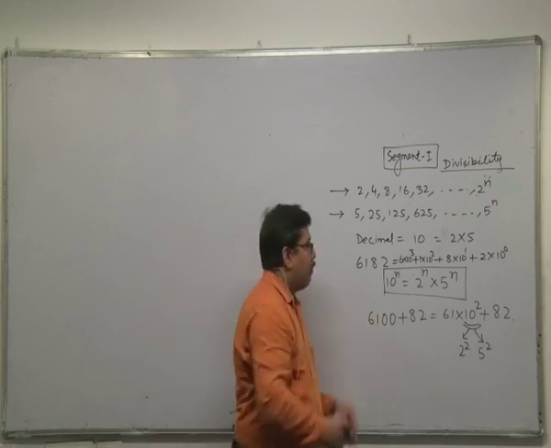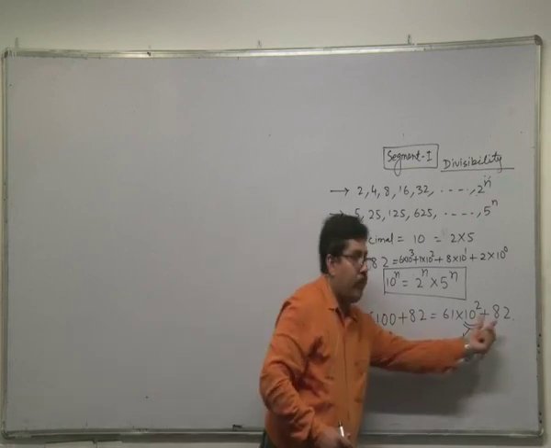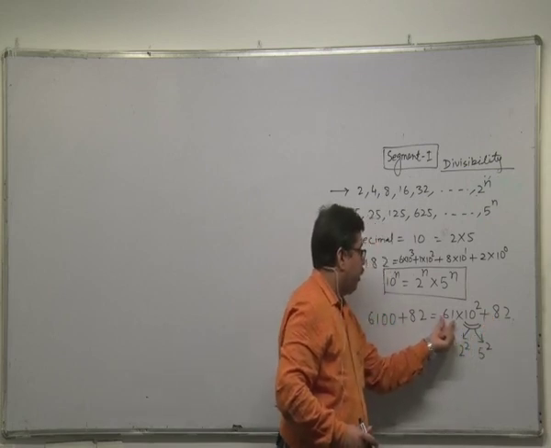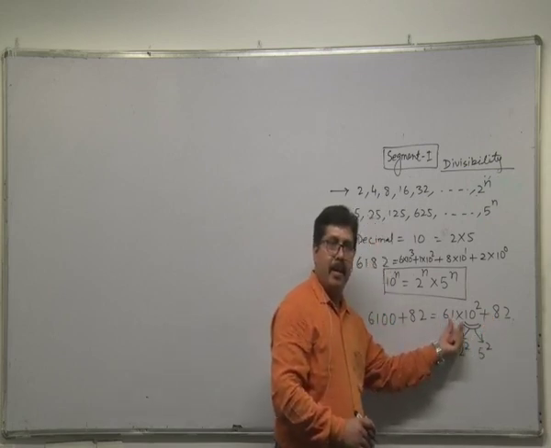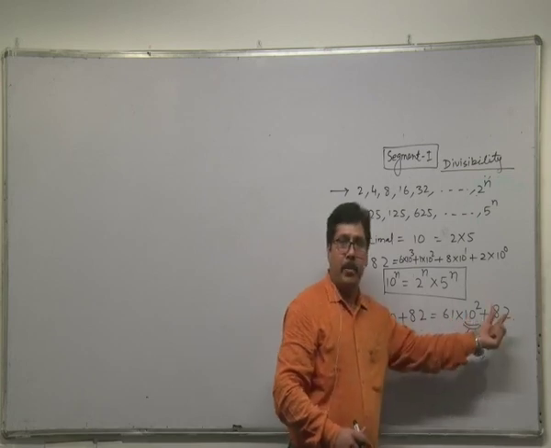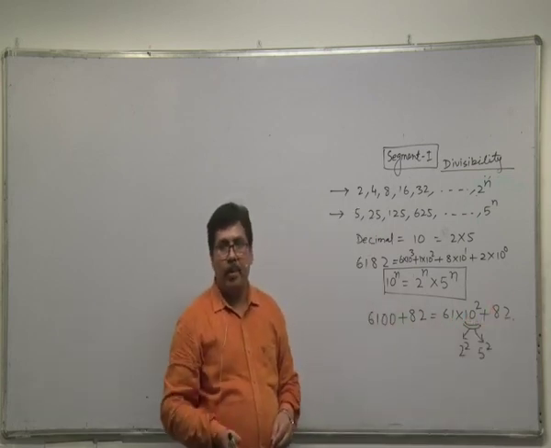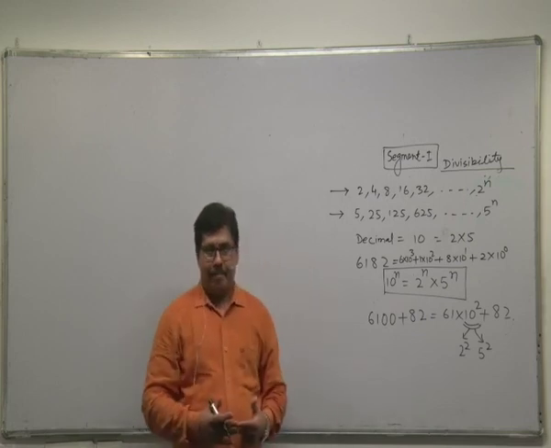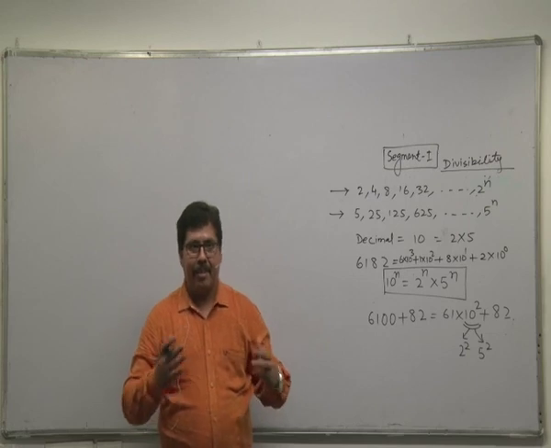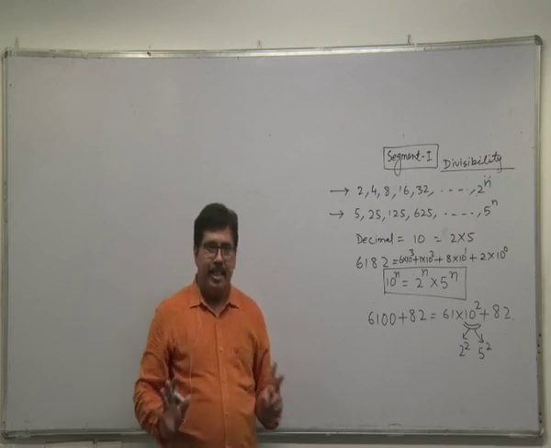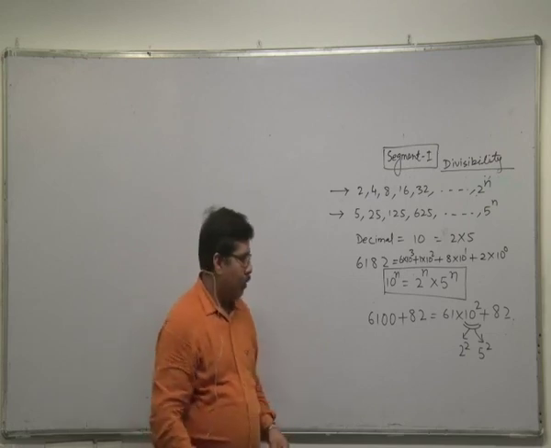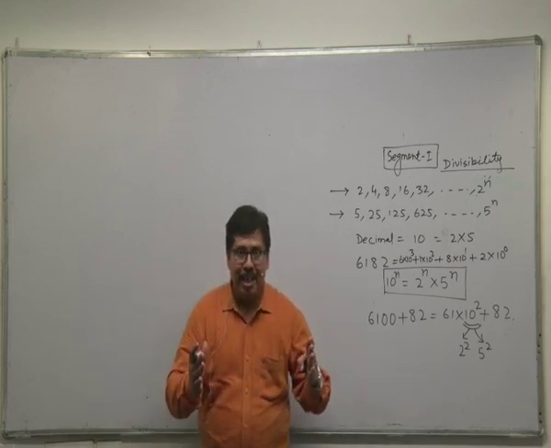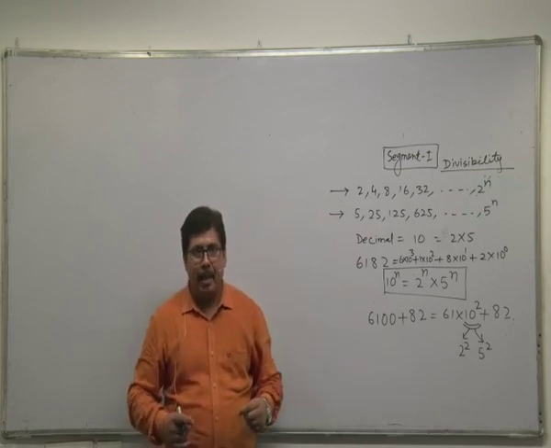So this whole number is a multiple of 4 if 82 is a multiple of 4, because whatever be the digits at the place of 6 and 1, anything into 10 raised to the power 2 is by default a multiple of 2 raised to the power 2. So which two digits are the deciding factor? 82 is the deciding factor. So can we generalize: any number is a multiple of 4 if the last two digits are a multiple of 4?